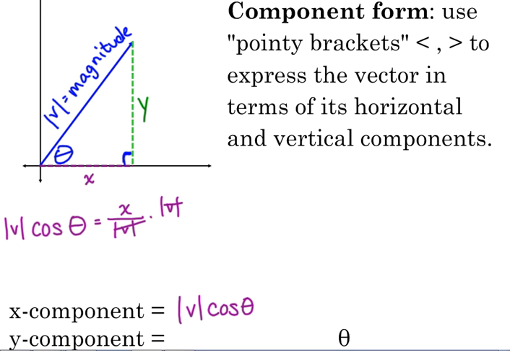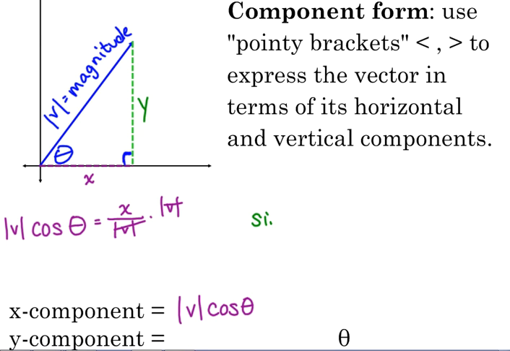Here's the nifty thing. You're already used to x and cosine going together, right? From the unit circle, the cosine of the angle was equal to the x coordinate. So that is convenient. If I'm solving for y, the vertical component, which trig ratio am I going to use?